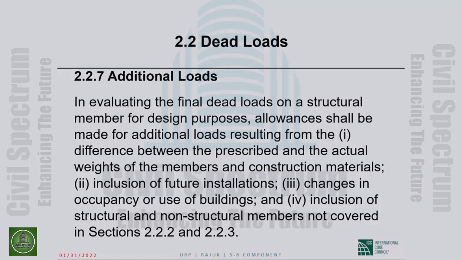Your specified live load is 50 pounds per square foot. You may want to design for 80 pounds per square foot because that gives you some flexibility in the future. But changing your design dead load to account for future changes in occupancy, this is very uncommon.